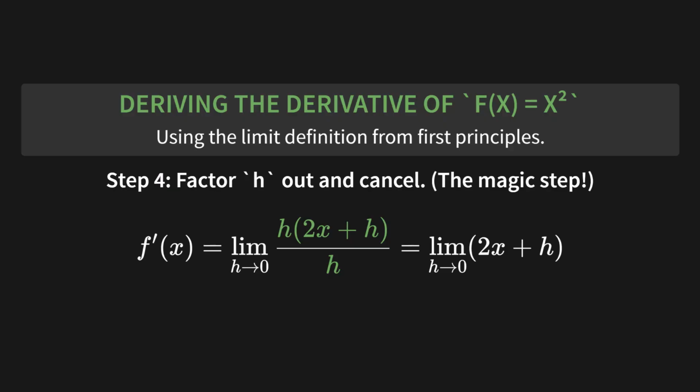The whole reason we can't just plug in 0 for h is because we'd be dividing by 0. But now, look, we can factor an h out of the top, giving us h times parentheses 2x plus h, divided by h. The h on top cancels the h on the bottom. The problem is solved. We're just left with the limit as h approaches 0 of 2x plus h.